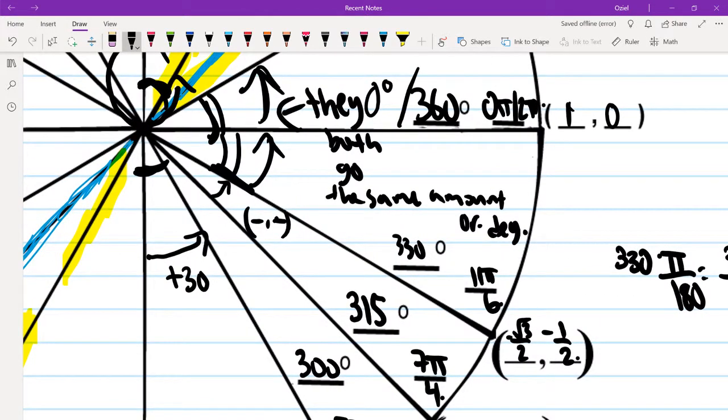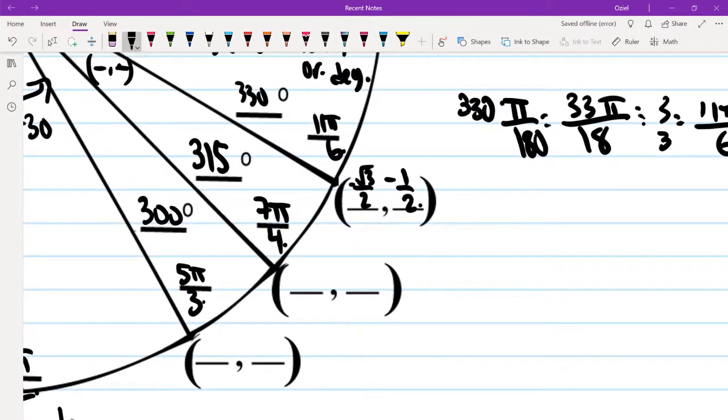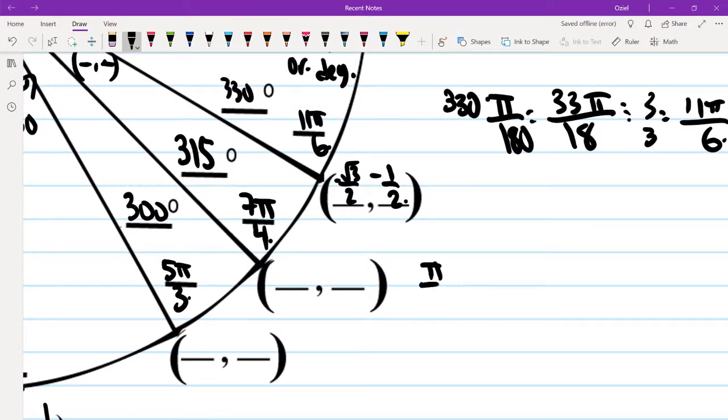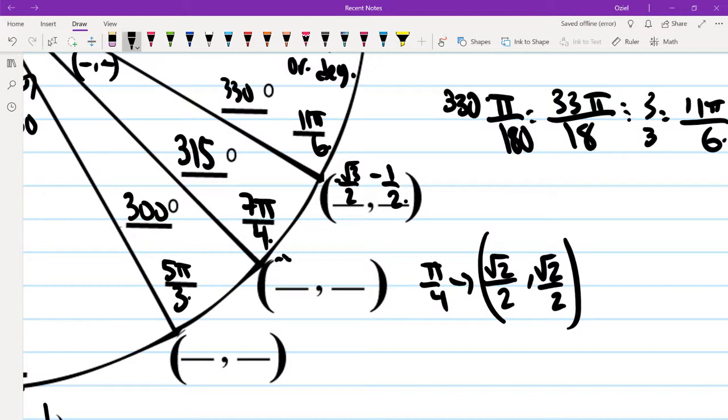And then 7 pi over 4, we know that pi over 4 corresponds to the square root of 2 over 2, square root of 2 over 2. So you would say negative square root of 2 over 2, negative square root of 2 over 2. Actually, no, forgive me, it's square root of 2 over 2, negative square root of 2 over 2.